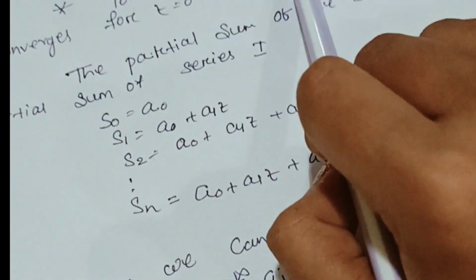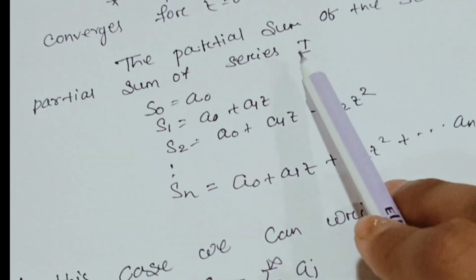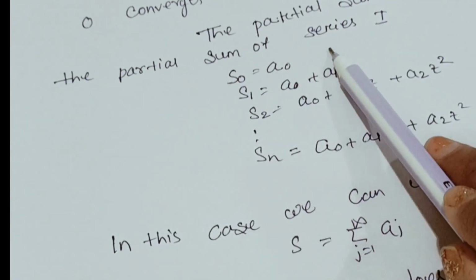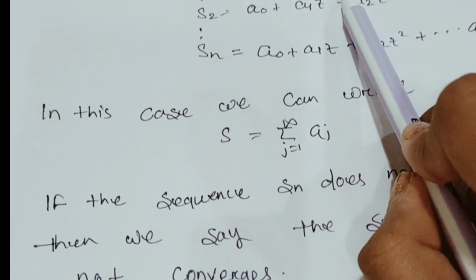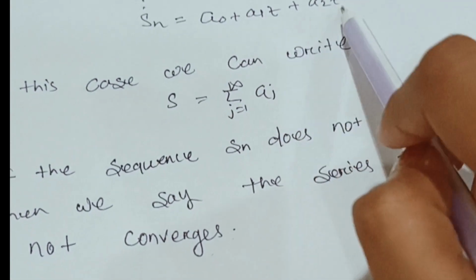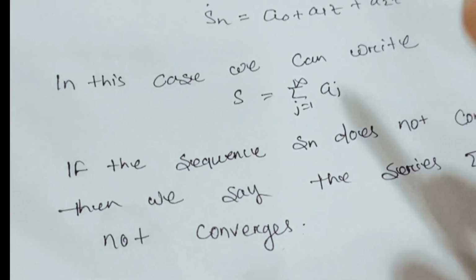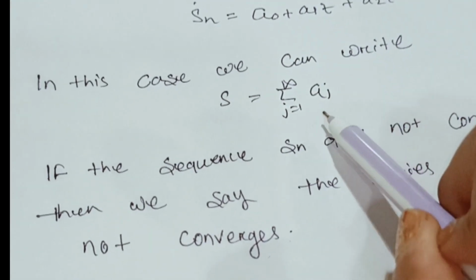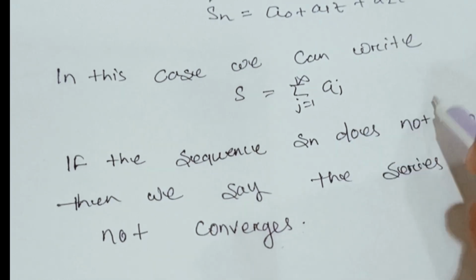Note that a power series around 0 converges to a0 for z equals 0, and the partial sums of the series are s0 equals a0 and s1 equals a0 plus a1z, and sn equals a0 plus a1z plus a2z squared up to anzn. In this case we can write s equals the summation of aj from j equals 0 to infinity.